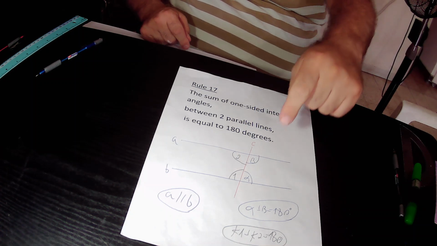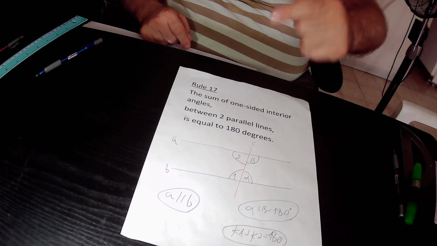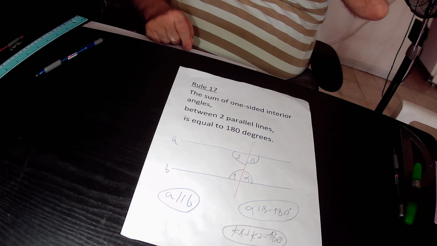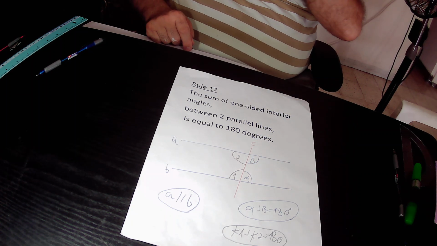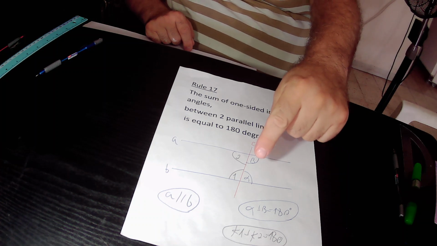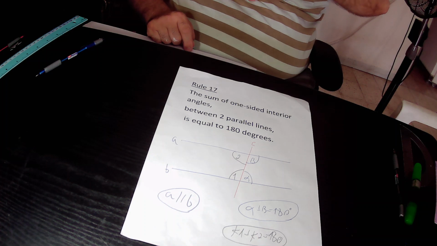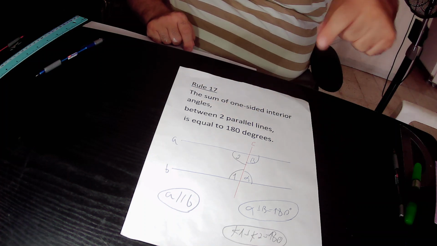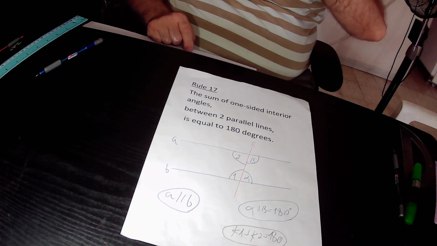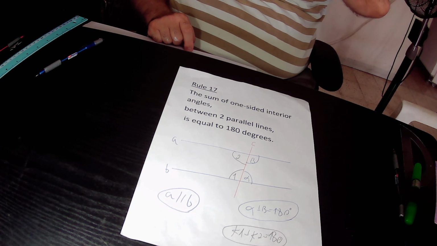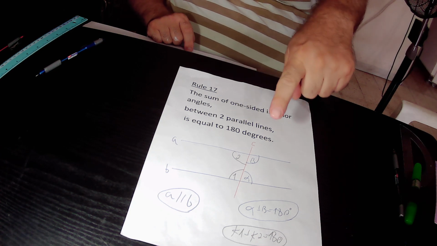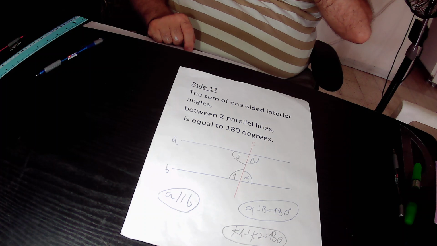In addition, we have those two angles alpha and beta that are defined as one-sided interior angles. Because they are located between the parallel lines A and B, the sum of those two one-sided interior angles must be equal to 180 degrees. That is to say, alpha plus beta is equal to 180 degrees.